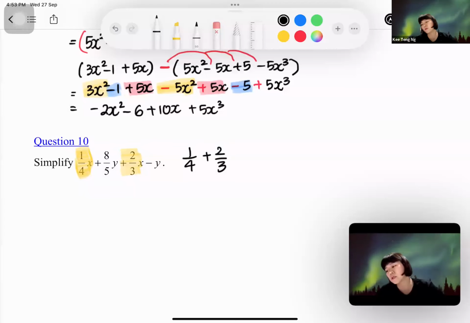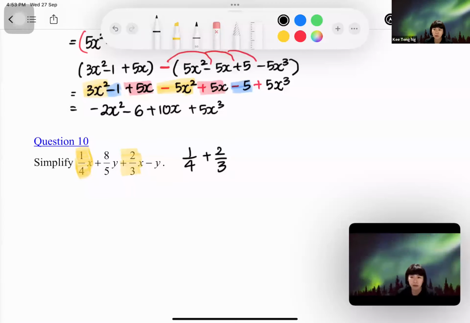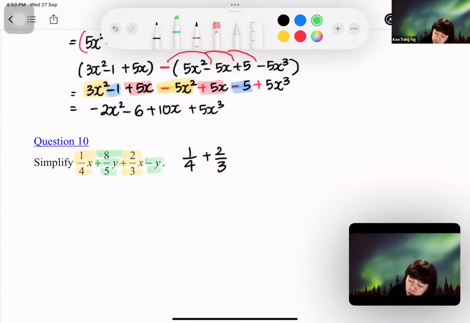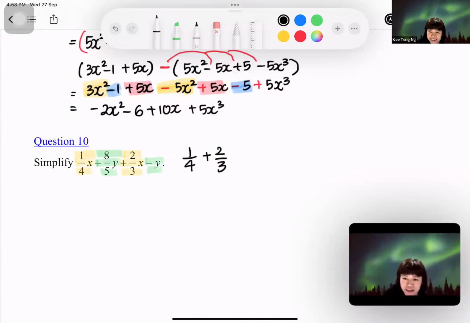Next person. Raydan, can you help me find the answer for this one? You are in between you and your break.